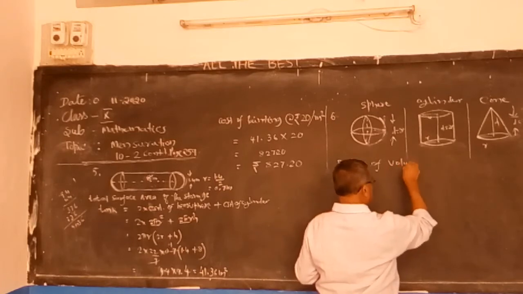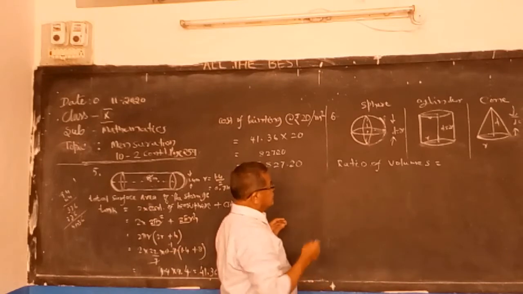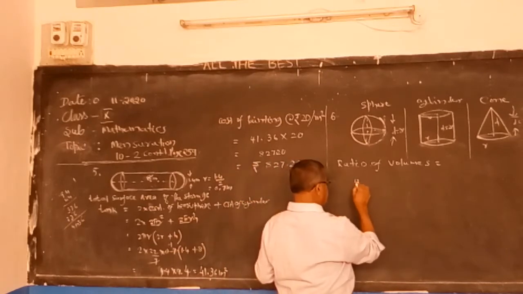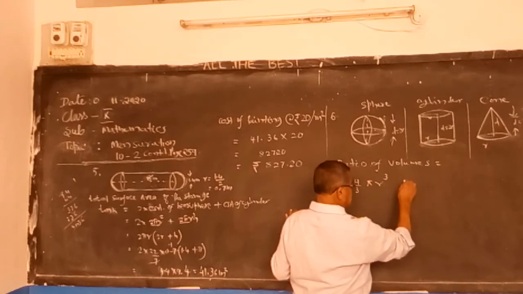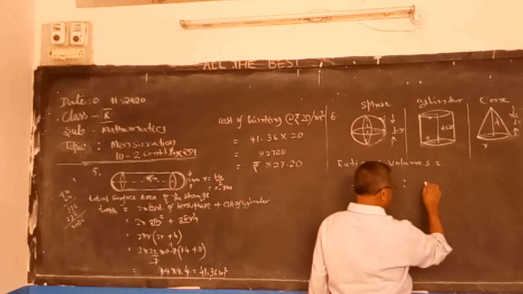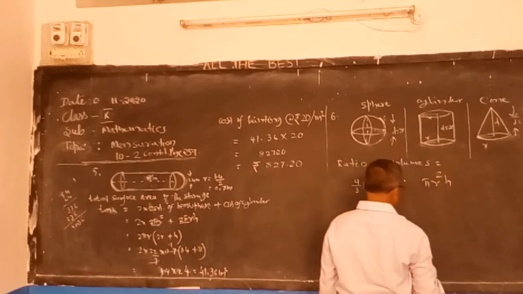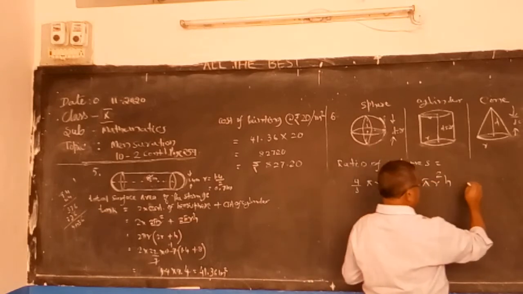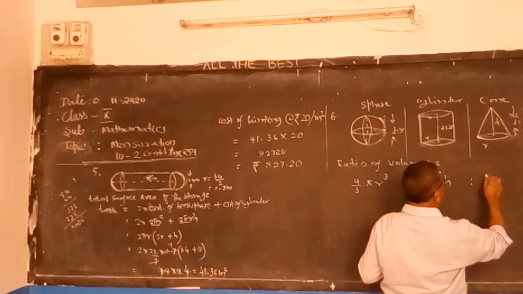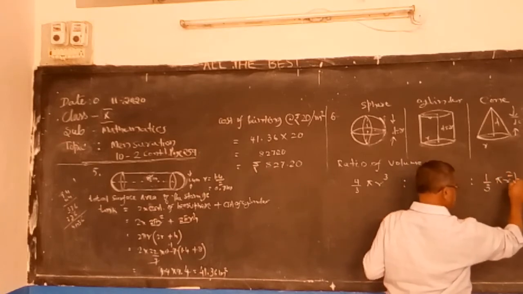Ratio of volumes is equal to: first, 4 by 3 pi r cube, is to the cylinder, pi r square h, and this is 1 by 3 pi r square h.